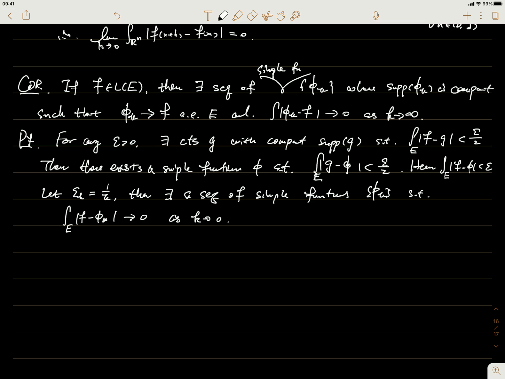From here we can immediately say that phi k converges to f in measure. This is something I have proved several times. The trick is pretty straightforward.